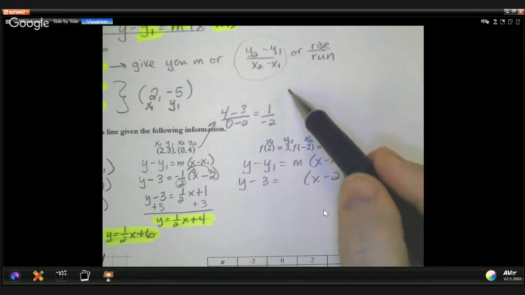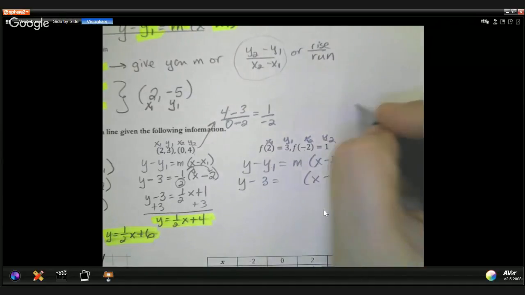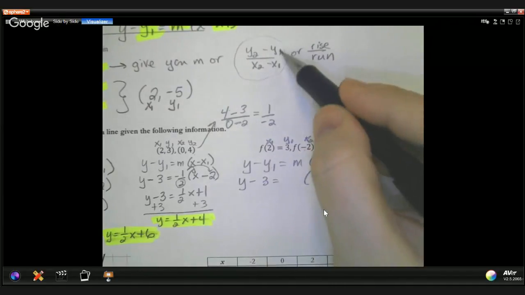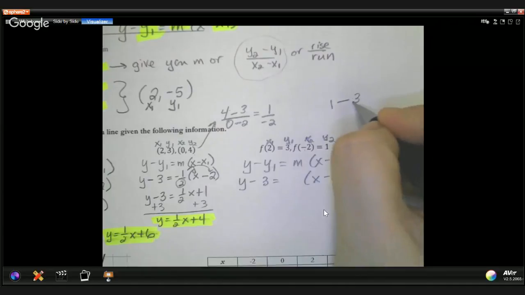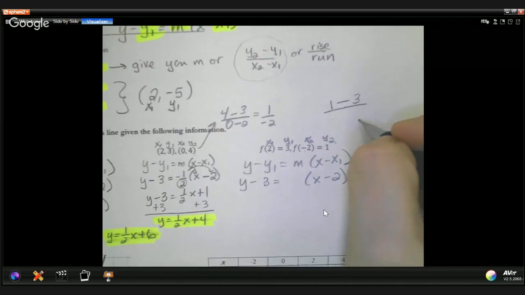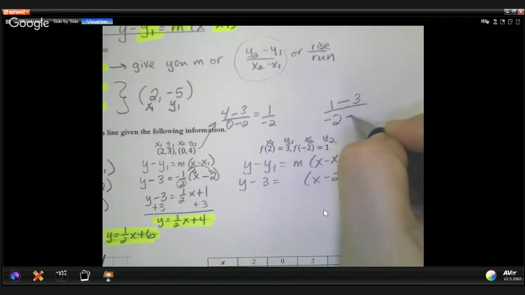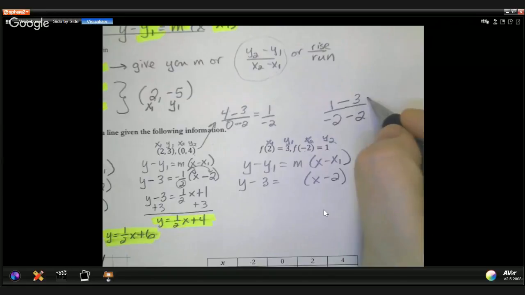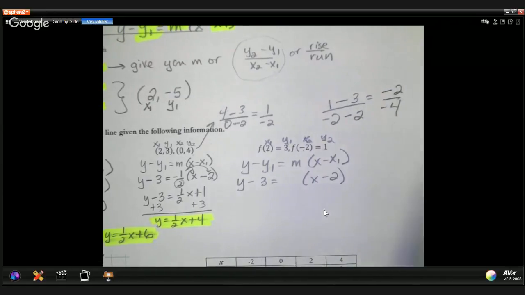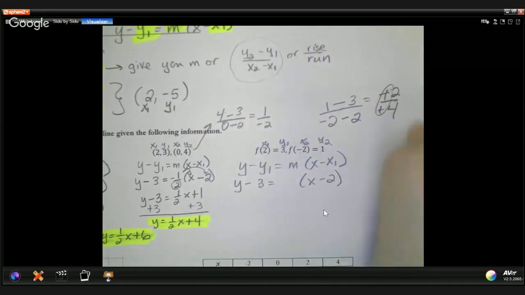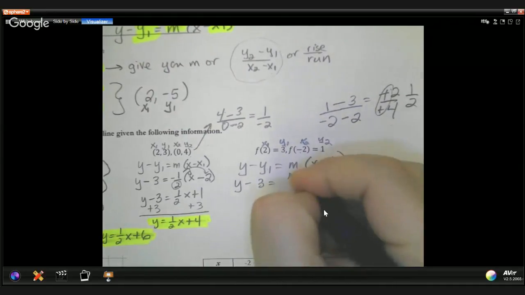So y2, which is 1, minus my y1, which is 3, over my x2, which is negative 2, minus my x1, which is 2. So I get negative 2 over negative 4, and negatives become positive, and 2 over 4 reduces to 1/2.